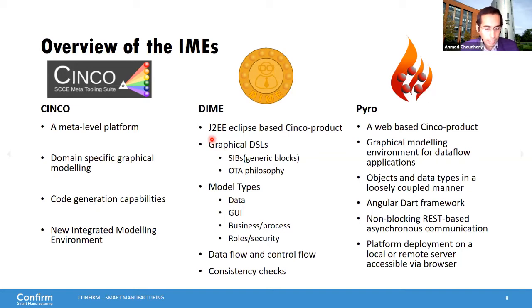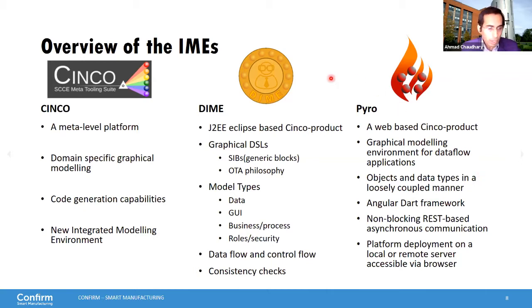One can easily model and develop general aspects of ordinary web applications. That could be data model, GUI model, business logic, and roles and security. DIME supports both control flow and data flow, and it automatically provides consistency checks to avoid any sort of interconnectivity errors.